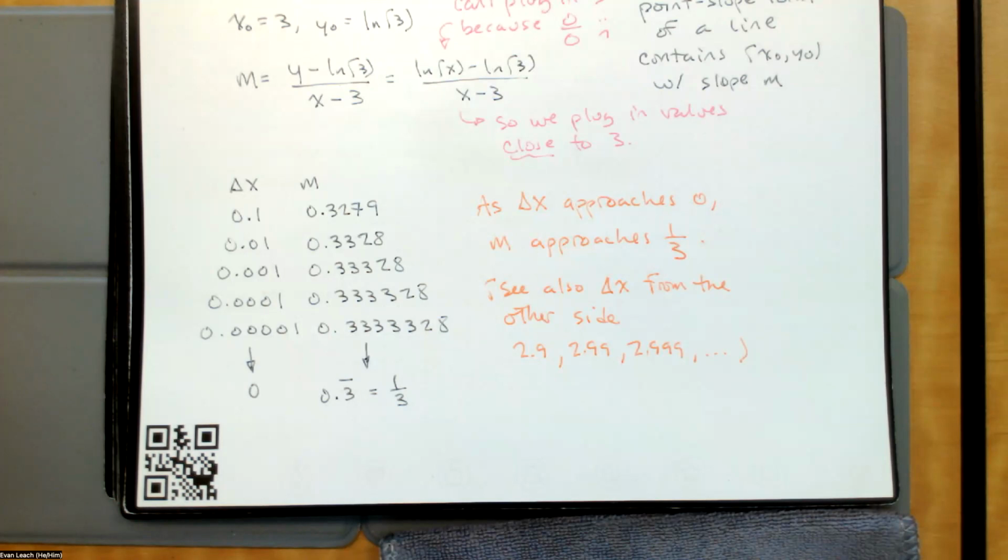At this point, we've got a very hand-wavy idea about what's going on. We wave our hands and build intuition. As the delta x gets closer to 0, the slope gets closer to 1/3. That's why we call it hand waving. When a mathematician waves their hands at things, they don't want to explain things to you.